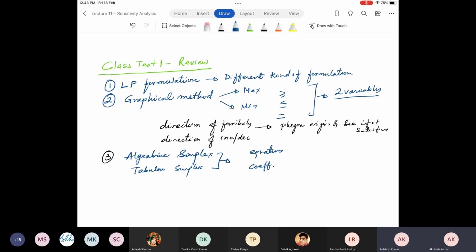As far as simplex algorithm is concerned, I'm talking about standard form, you initialize with origin, that means slack variables form the basis.